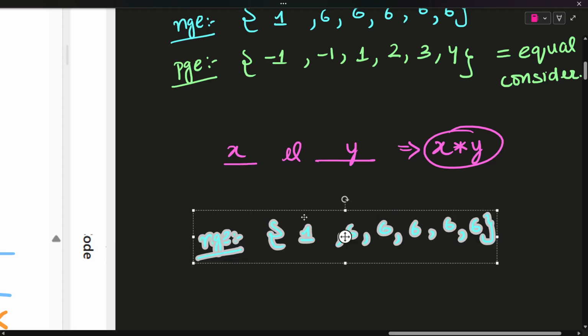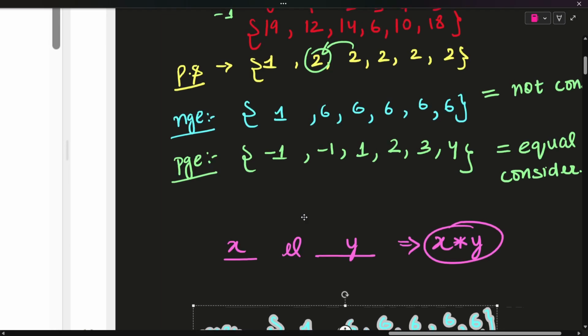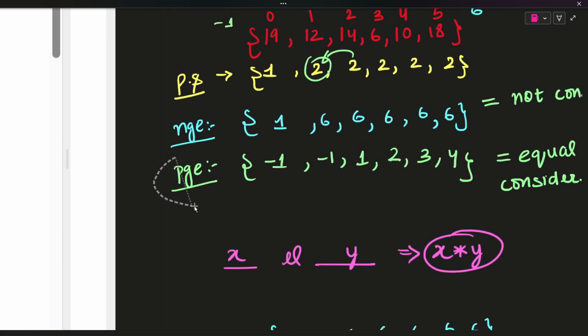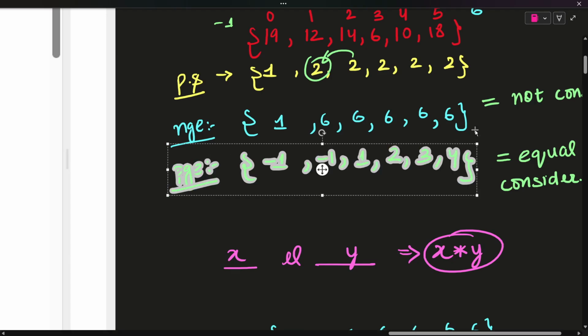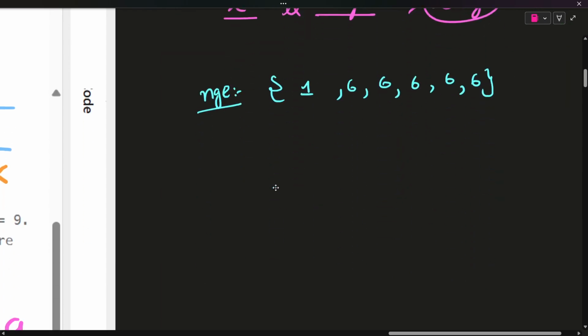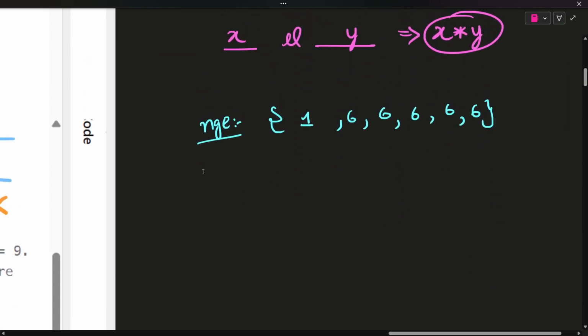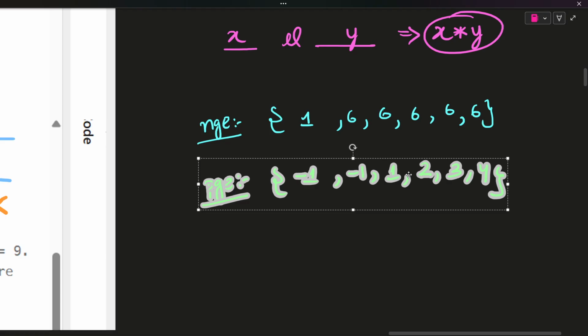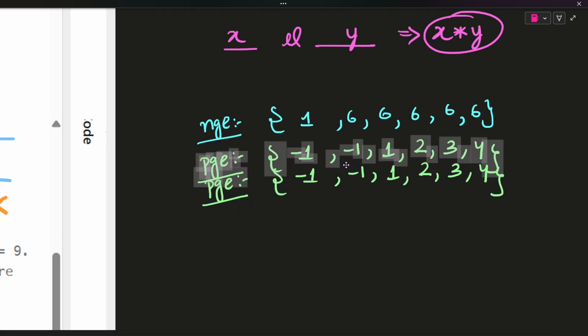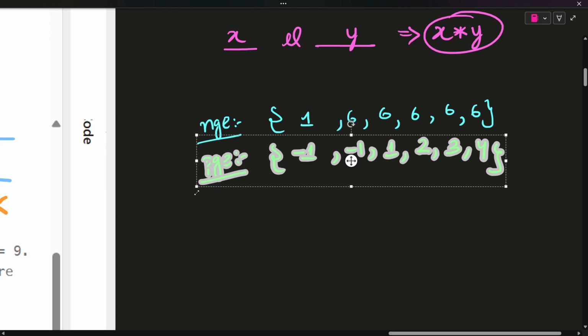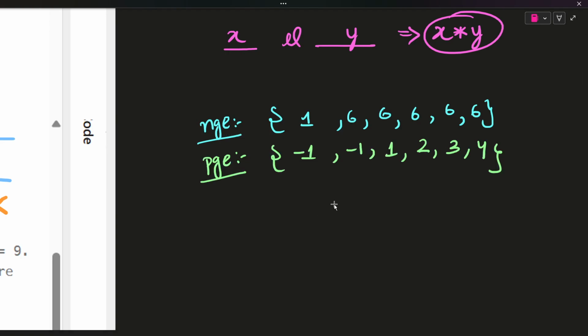We have the NGE and let me just also copy the PGE. And let me just also do the indexing here. So it is 0, 1, 2, 3, 4, and 5.